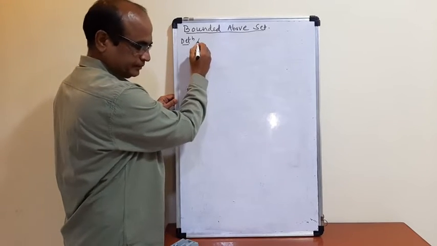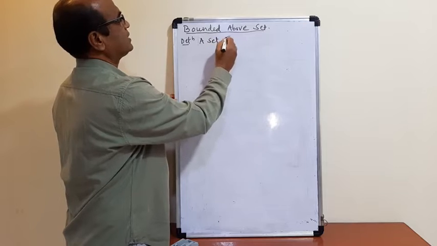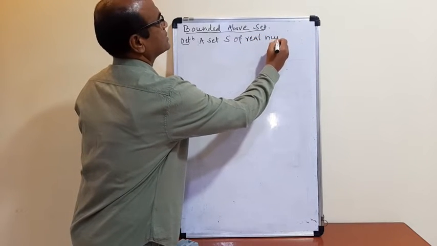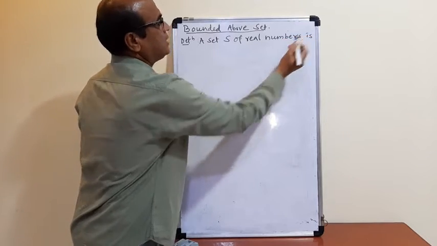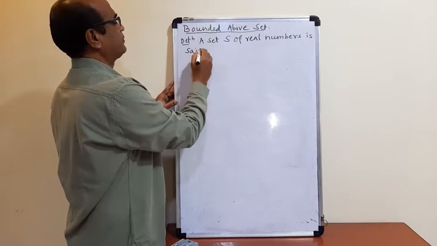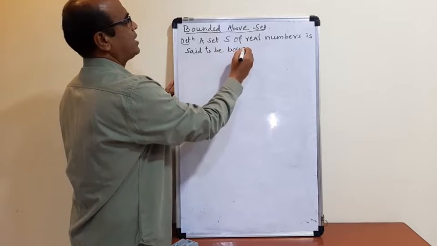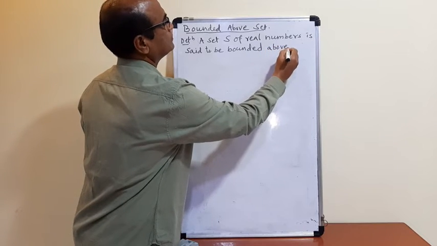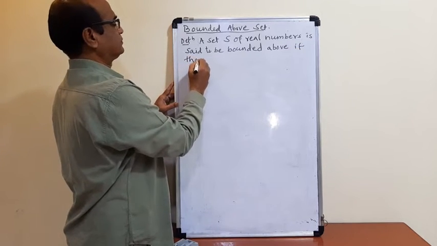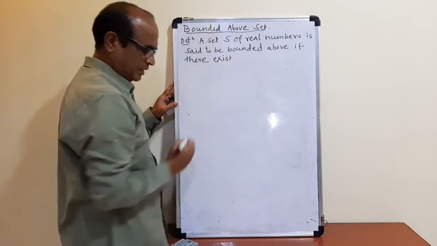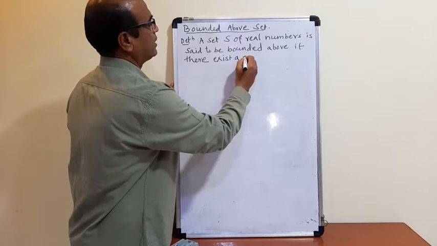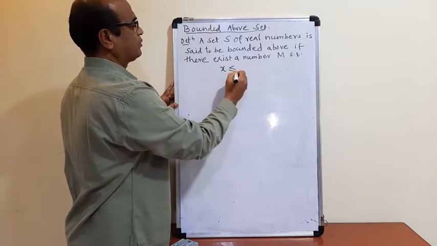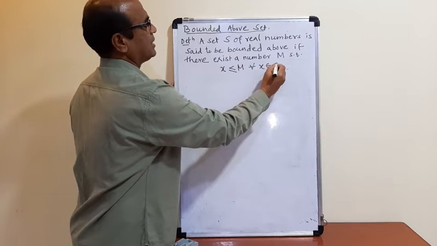Let a set S of real numbers be said to be bounded above if there exists a real number capital M such that x is less than or equal to capital M for all x belongs to S.